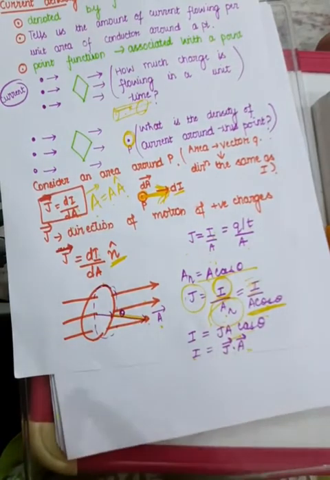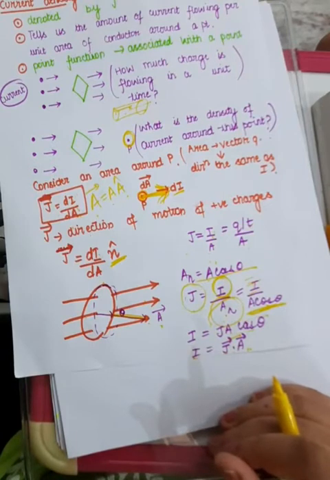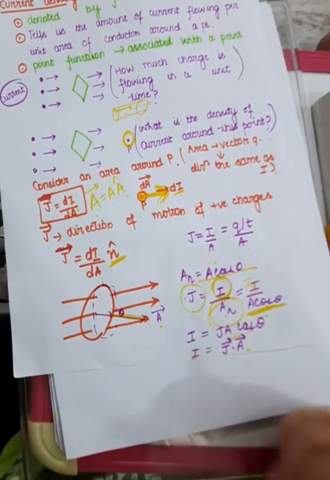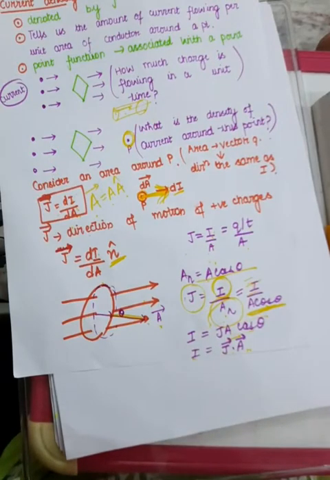So this is how we prove that current is a scalar quantity, and remember that current density is a vector quantity. So the next target is to establish a relation between current density and drift velocity.